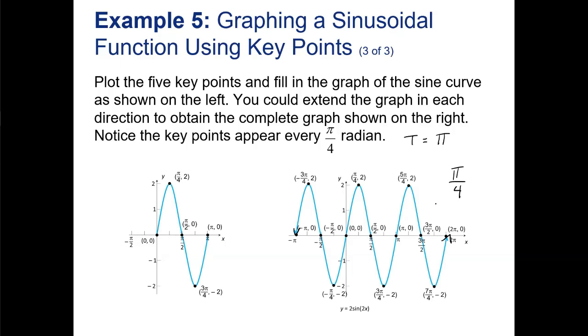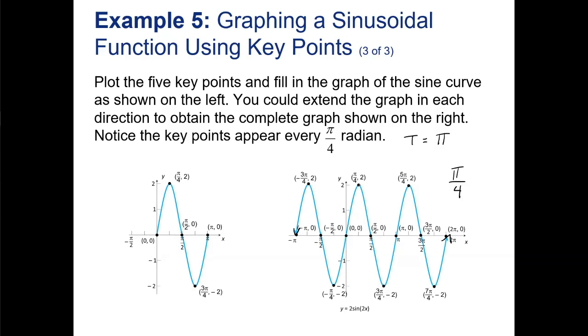So it takes those 5 points to make 4 sections, and each of those key points we can place pi over 4 radians from one another. So to get to the next key point from, say, this origin, I have to go pi over 4.